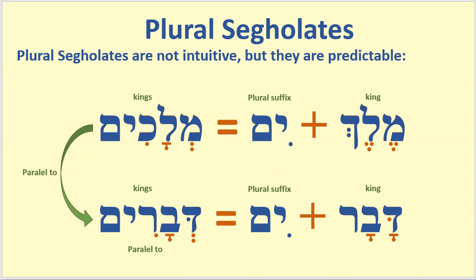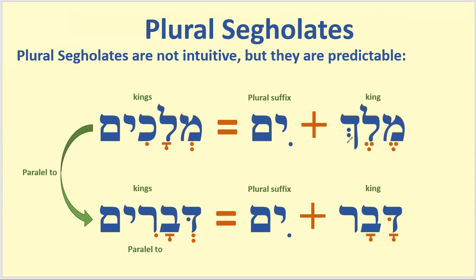Just one last thought about segolates is their plural forms. There's not much interesting to talk about when talking about the plural forms of segolates, except that they're not intuitive, but they are predictable.